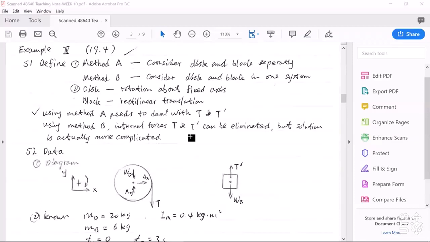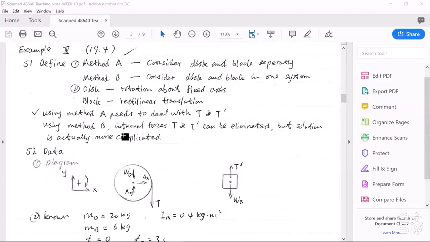Okay, as mentioned before, if we have more than one rigid body in a system, when we apply principle of angular impulse and momentum, we have to select one point for every rigid body, only one point.